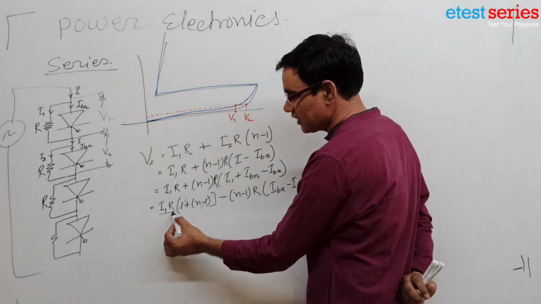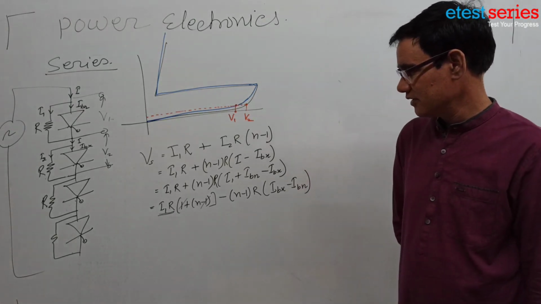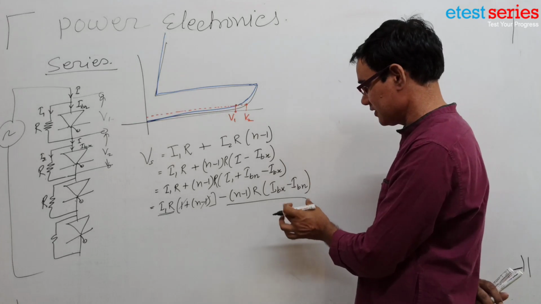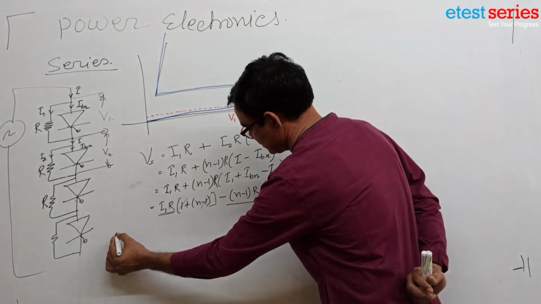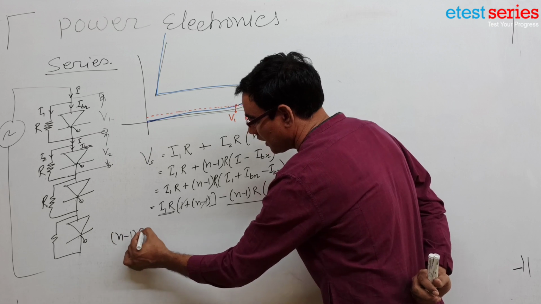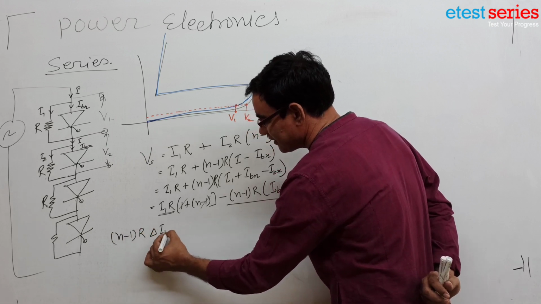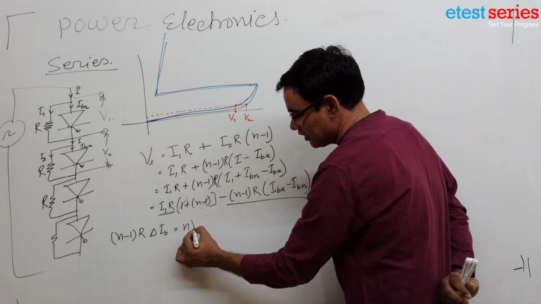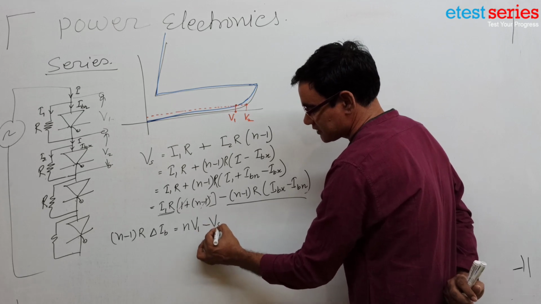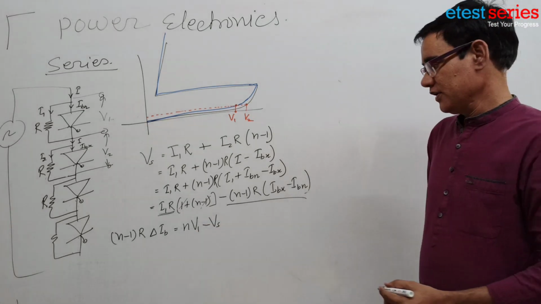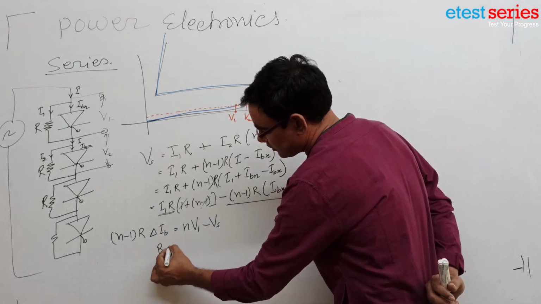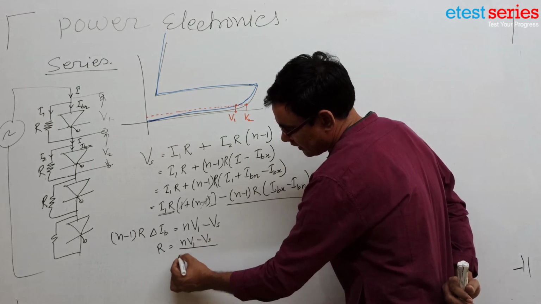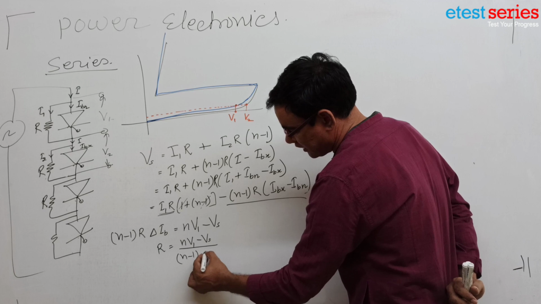So this voltage is the voltage V1, so this is V1. This factor goes to that side and this becomes delta I. So n minus 1 R delta IB is equal to n V1 minus Vs. Therefore, R is equal to (n V1 minus Vs) divided by (n minus 1) delta I.